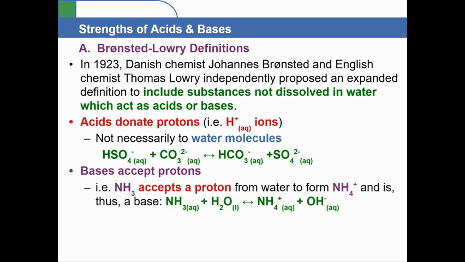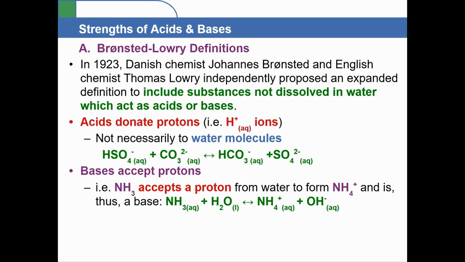Another example is with ammonia. Ammonia accepts a proton from water to form ammonium ions, NH4 plus 1, and is therefore considered a base. If you notice, at the end product, since the water gave up a hydrogen, it therefore produces an OH negative ion.